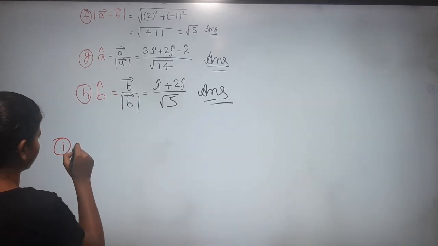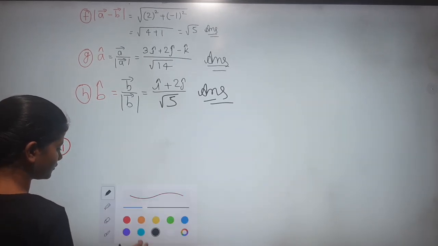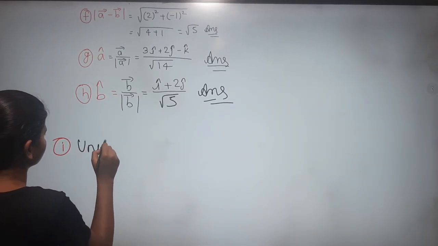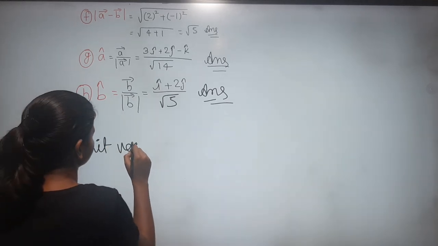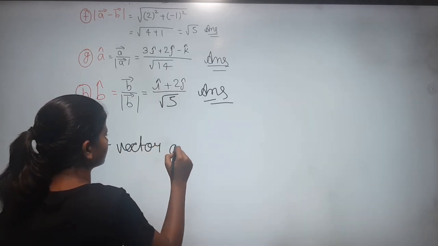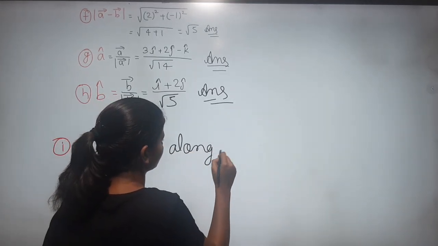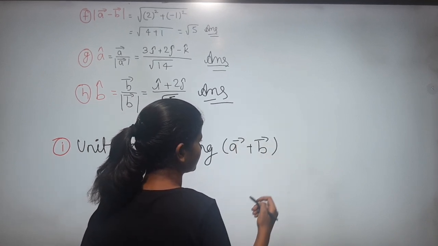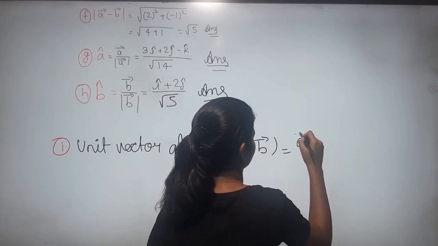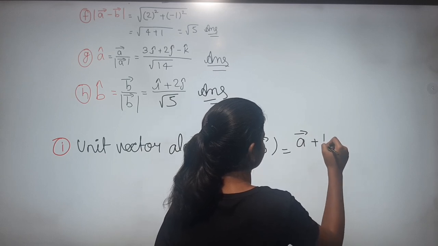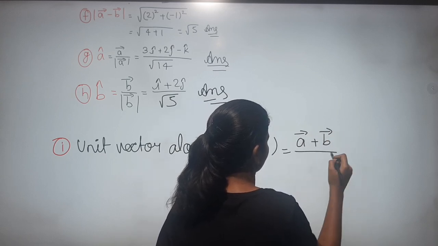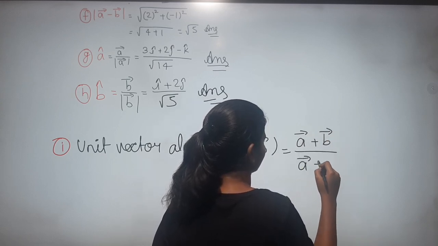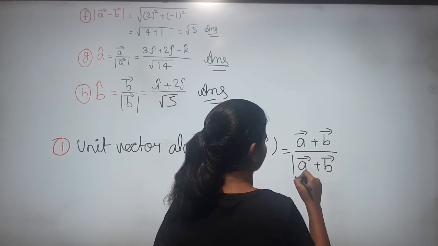So here we can write a vector plus b vector by the magnitude of the a vector plus b vector.